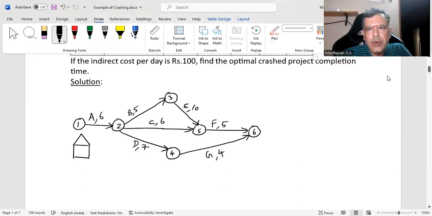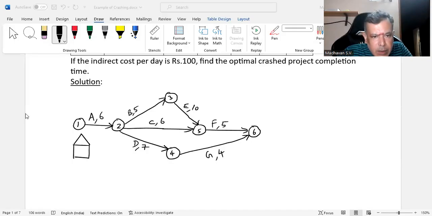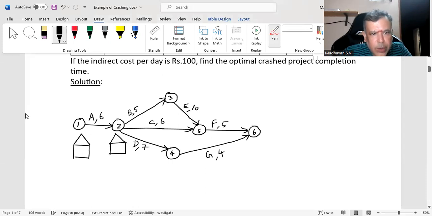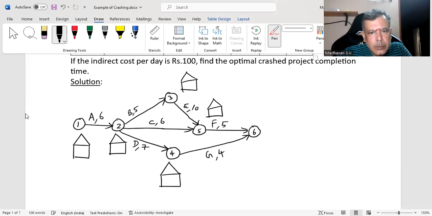For every node, let us draw that home-like structure. So first we will do forward pass calculation.